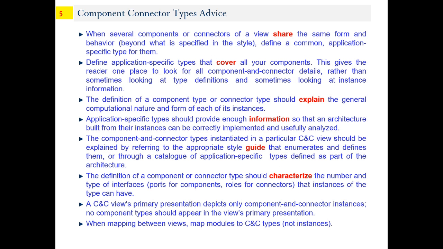Next is the typical kind of component-connector types. It advises that the components should share the same form and behavior, and they should have the same kind of vocabulary. So if one component is saying something, and another component is saying the same thing in some different vocabulary, that is not acceptable. So application-specific types cover all of the components.